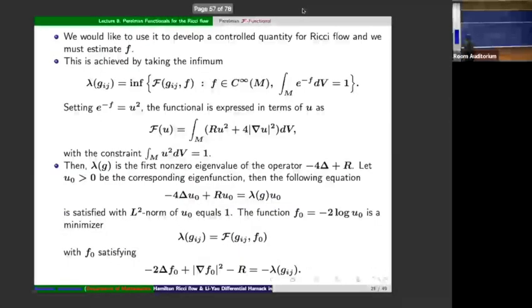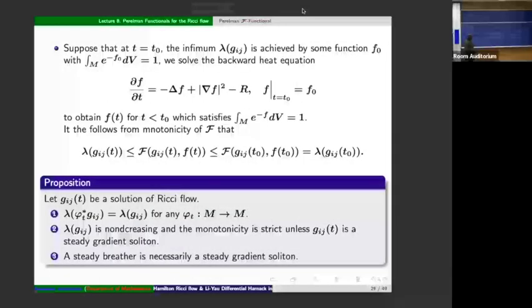This lambda that we define here is also monotone, and we can use that to define this monotonicity formula for f. With this monotonicity formula, we can prove this. Of course, g_ij is invariant under pullback by a diffeomorphism, so lambda of the pullback is also lambda of g_ij for any diffeomorphism, and lambda of g_ij is non-decreasing.